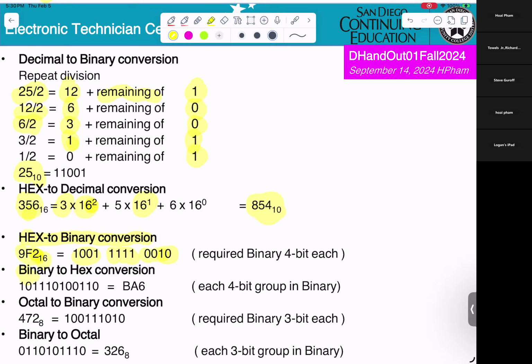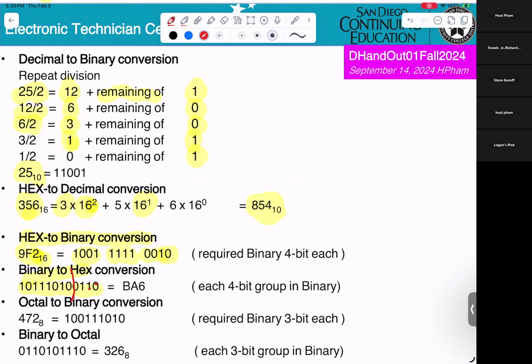Now, binary to hex. If you get a binary here, they want to see what the hexadecimal equivalent is. The way to do it is from the right to the left. First thing, you select 4 digits, 1, 2, 3, 4.